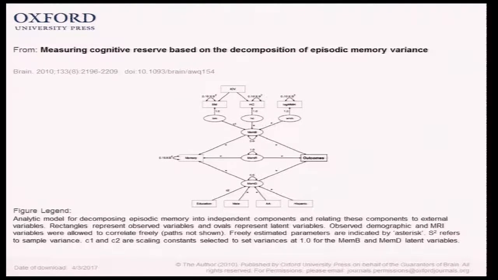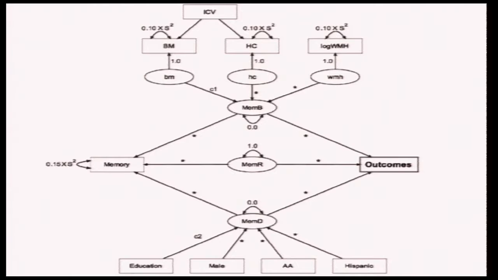I want to talk briefly about a new approach to measuring reserve based on residuals. This was a paper published by Bruce Reed and Dan Mungus and colleagues in Brain, and I've tried to blow up their figure in the next slide. They use an appropriate formative latent variable concept in identifying reserve, but they did not test this model against one of multiple regression, and I would like to have seen them do that.